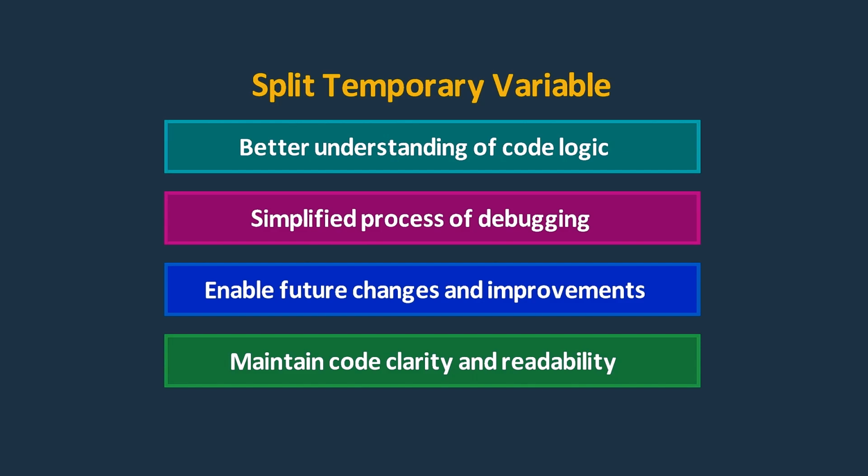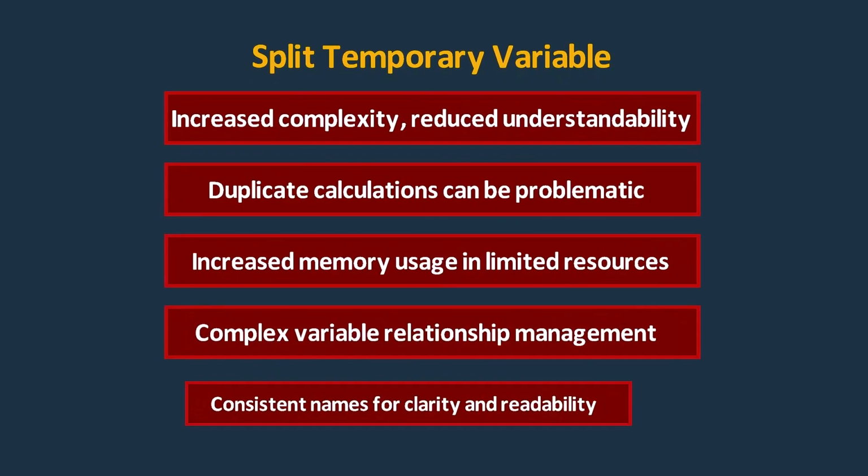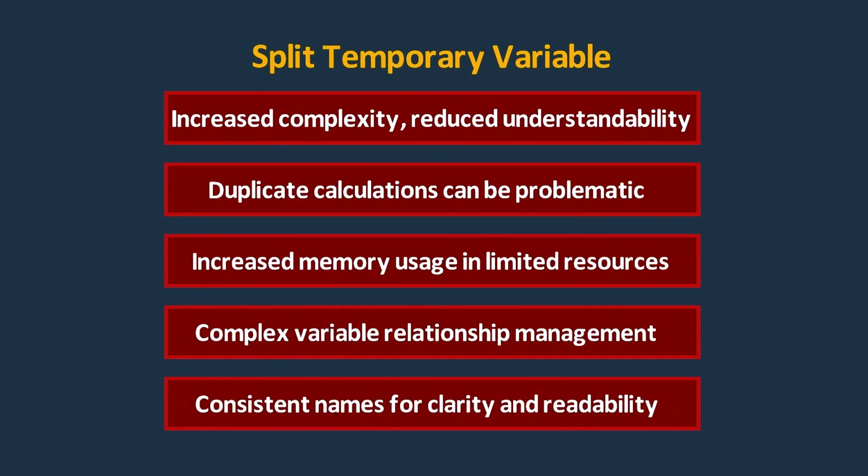This technique can be helpful in many cases, but it also has some drawbacks to consider. Firstly, it can make the code more complex, which can make it harder to understand. Secondly, splitting variables may lead to duplicated calculations, which can cause maintenance issues.